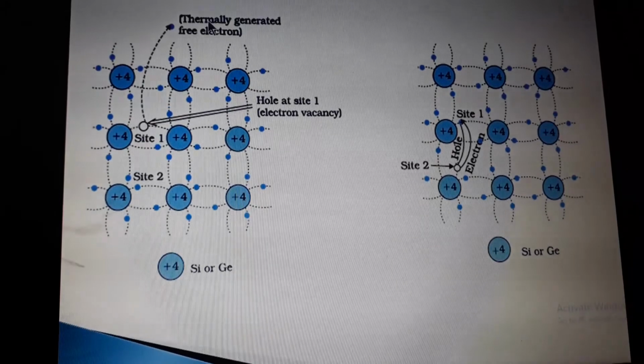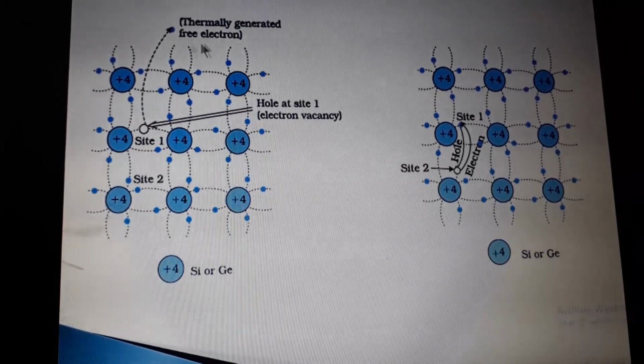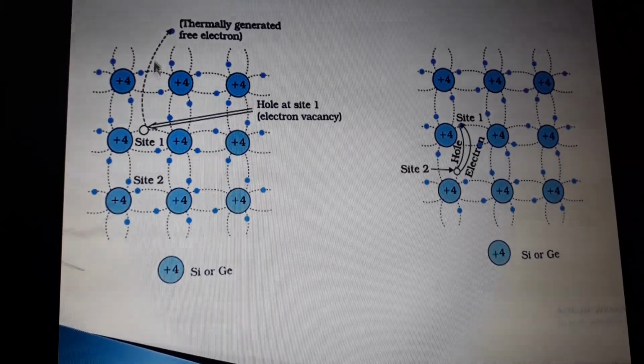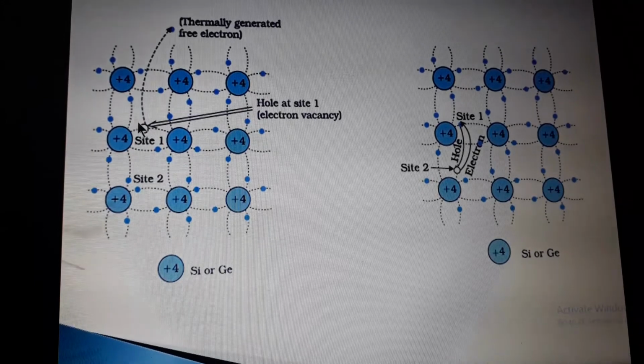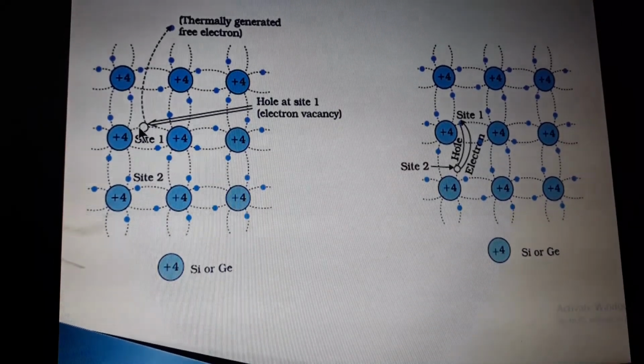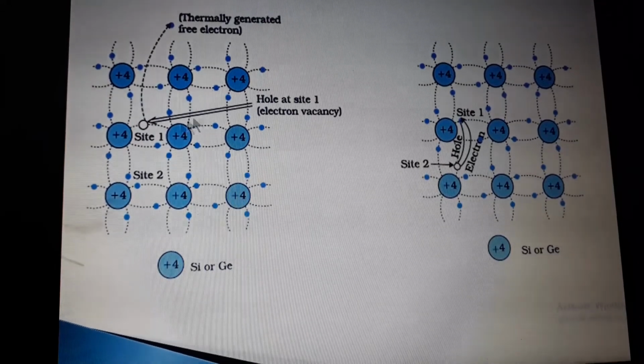Suppose this electron becomes free; this one is the free electron. But when this electron moves from this place to that place, some vacant space is generated here. This vacant space is called a hole.